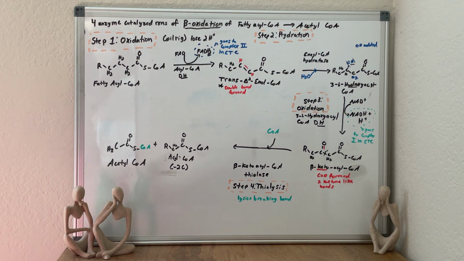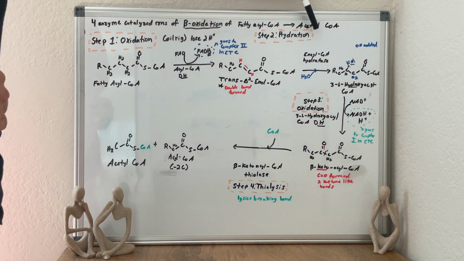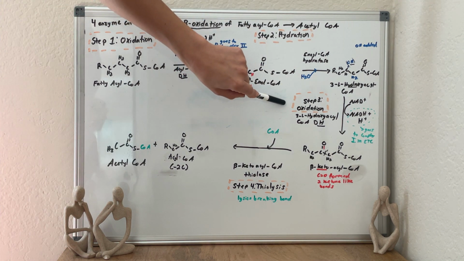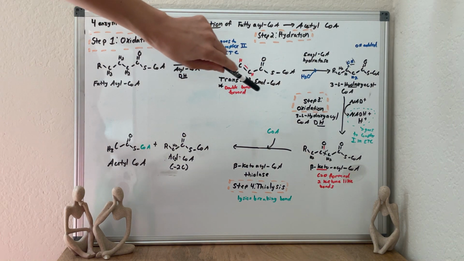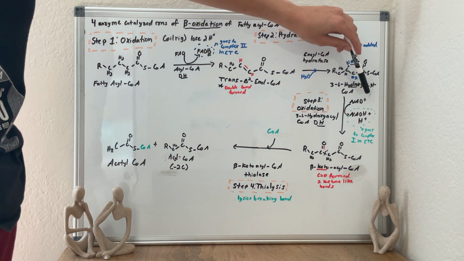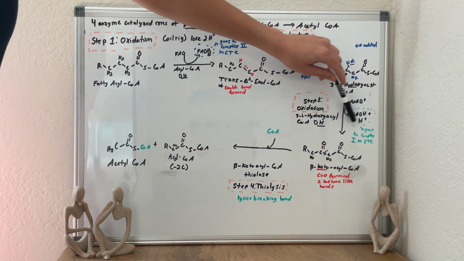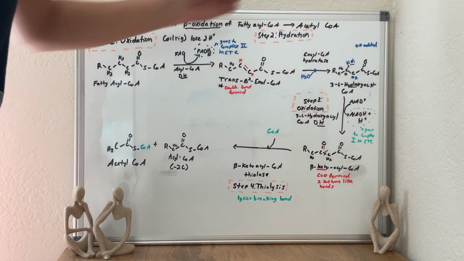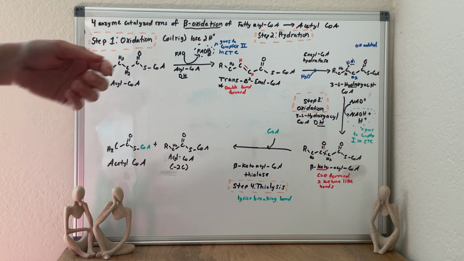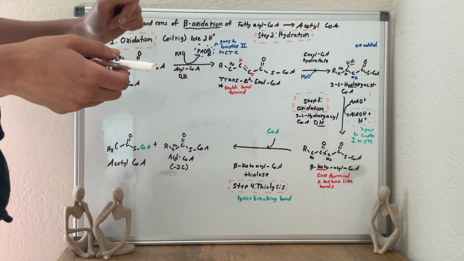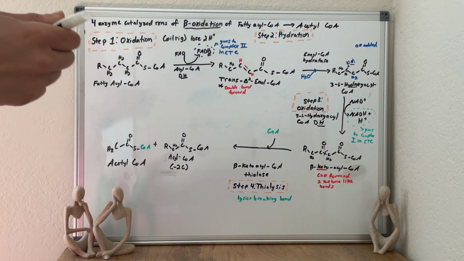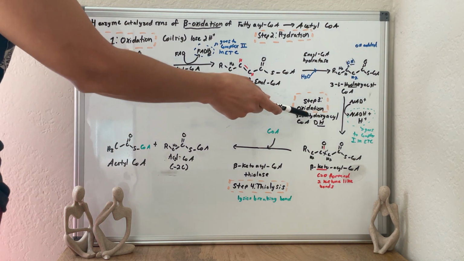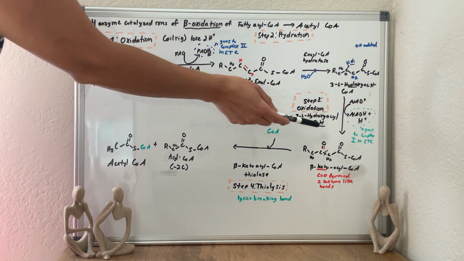Anyway, from hydration, we're going to do step 3, which is oxidation again, and we need the coenzyme NAD+, which is going to pick up 2 electrons and create NADH and H+, since we're losing 2 protons. In this one, we're going to need 3-L-hydroxyacyl CoA dehydrogenase.